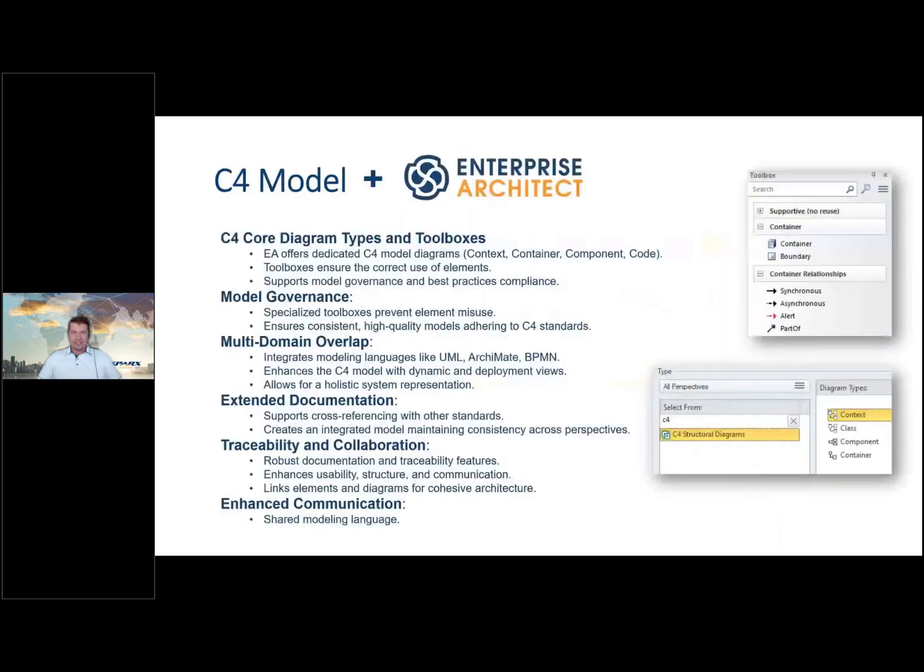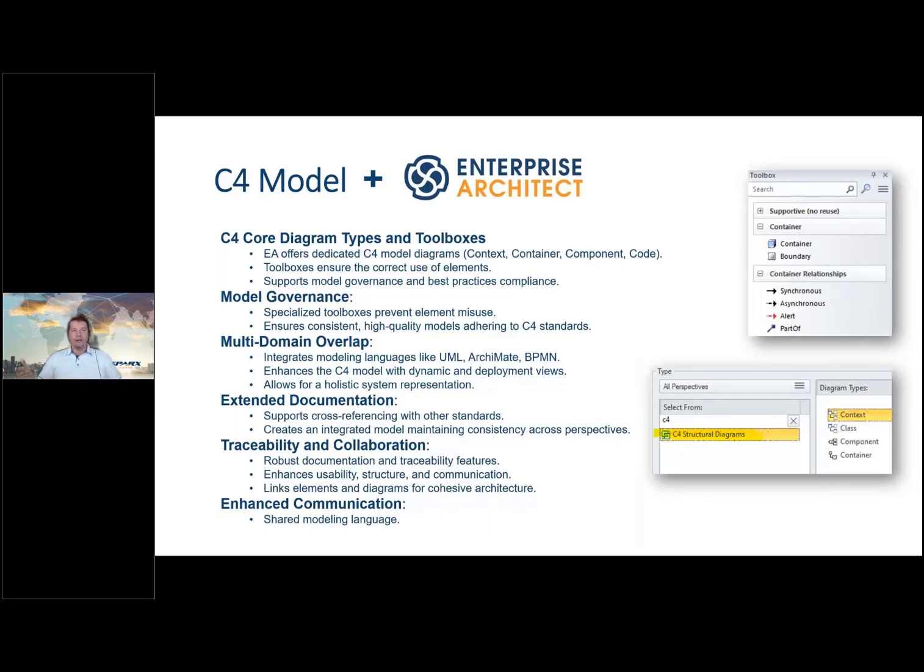Okay, so how is the C4 model implemented in Enterprise Architect? EA makes it easy to use by offering custom diagram types for each C4 level. These diagram types focus on the structural diagrams, which are the core diagrams of the C4 model.